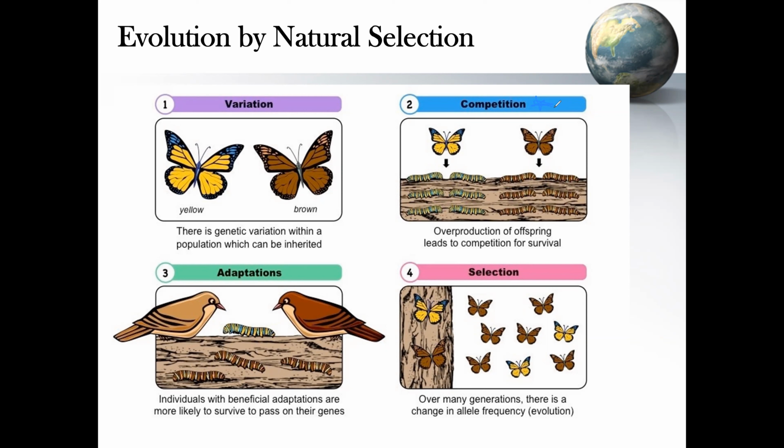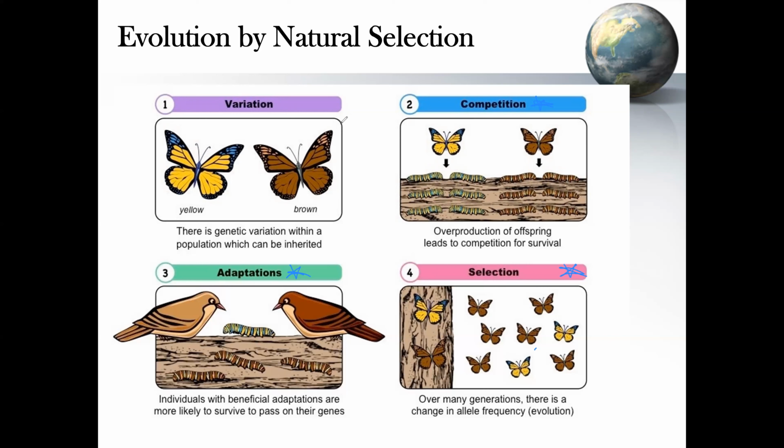Now, in this particular slide, they put adaptations as number 3. I don't really call that a requirement for natural selection. That's what natural selection leads to, is individuals being well adapted to their environment. And I'm going to expand on this in just a minute. Finally, for natural selection to occur, number 4 says selection.